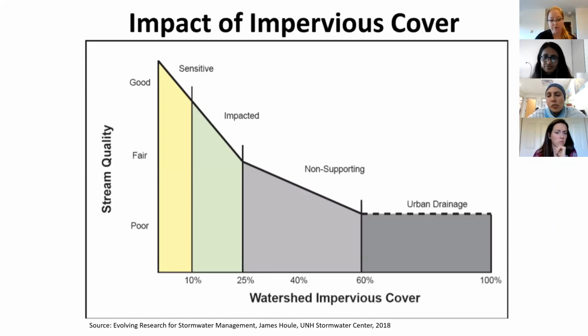So it is safe to assume that a stream's quality would degrade more and more as its impervious cover increases. The target for a healthy aquatic ecosystem is in the range of 10 to 15%, and it starts to degrade at the 20 to 25% range. After that, the quality of habitat continues to degrade and does not support aquatic life.